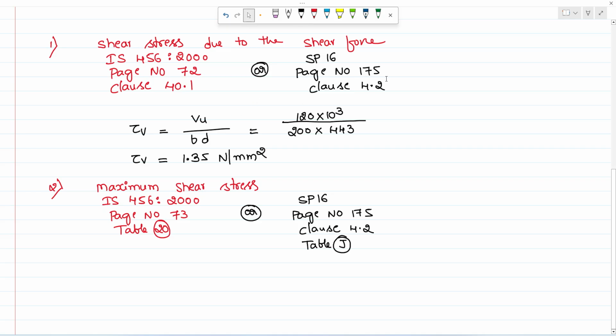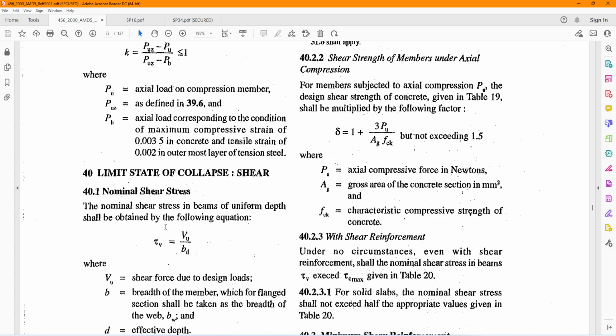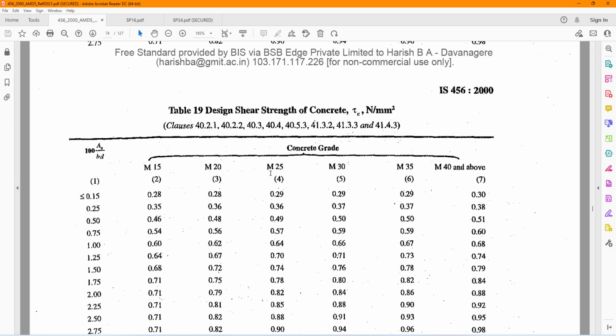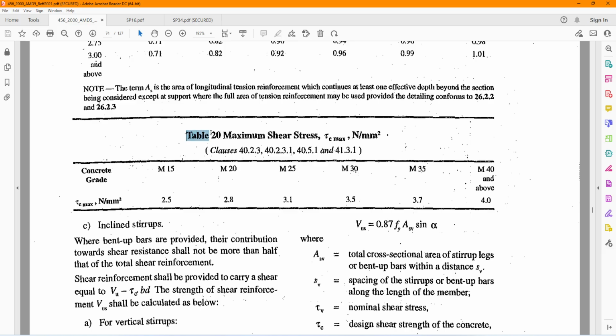So I will check with IS 456, page number 73. So you have table 20, maximum shear stress tau c max. It is in Newton per mm square. In our case, grade of concrete is M25. For M25 grade of concrete, tau c max is 3.1.